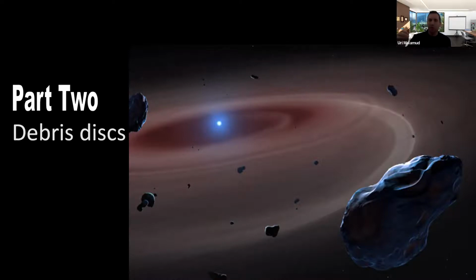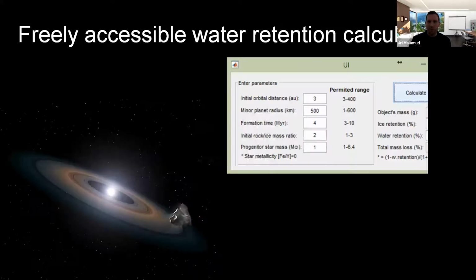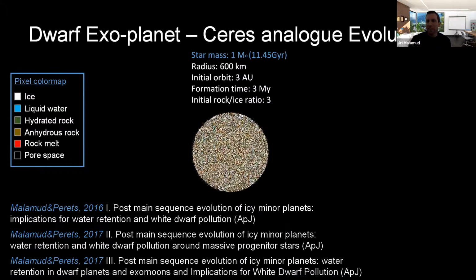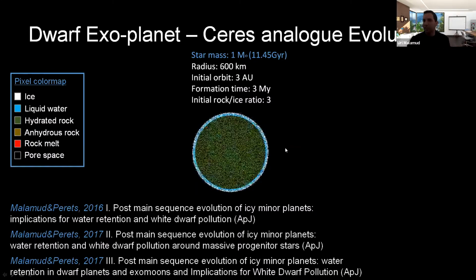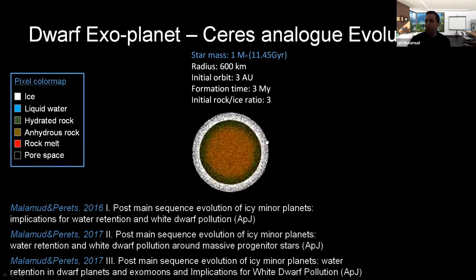But if you want to look at something around maybe the asteroid belt, just look at this. This is the real fate of Ceres. It would basically lose all of its water. There will be no ice left, and almost no water left, because at the end of this evolution, all you have is a very thin layer of serpentinized, hydrated rock.